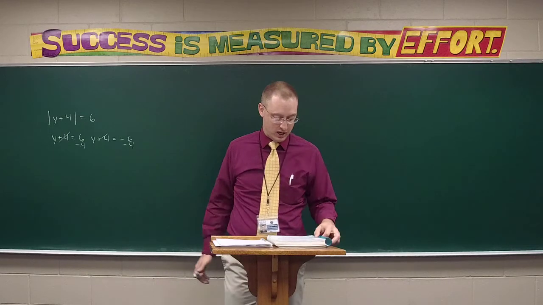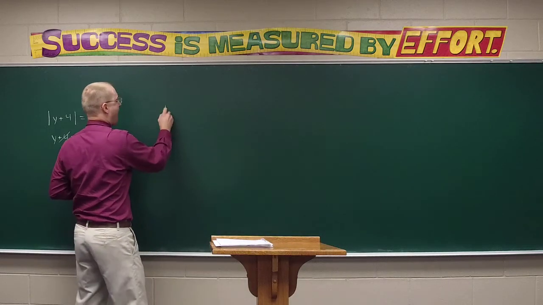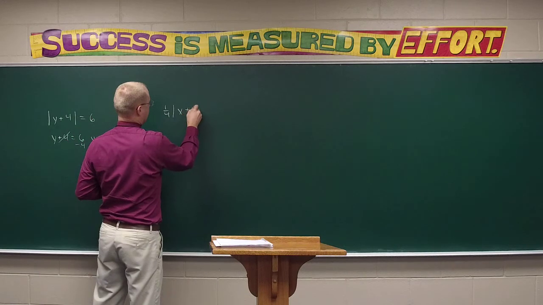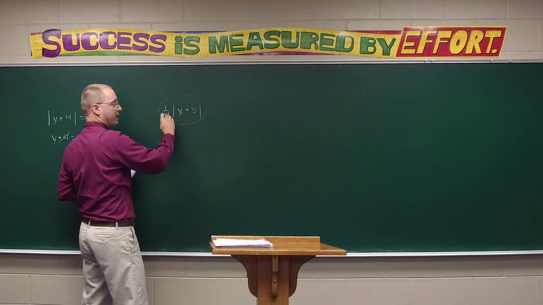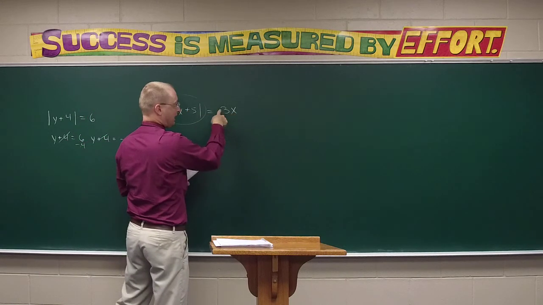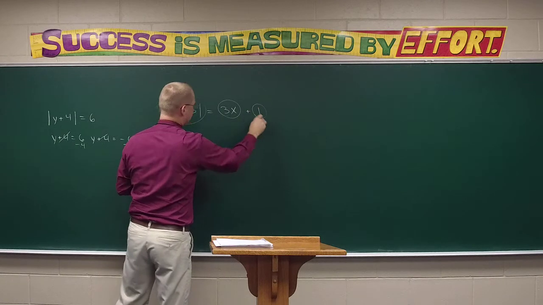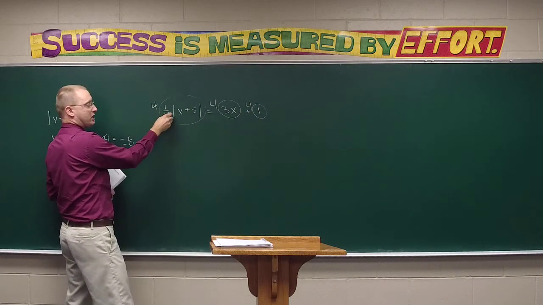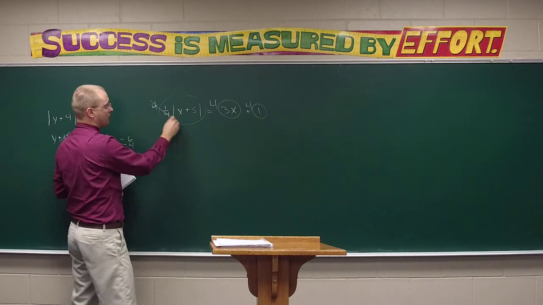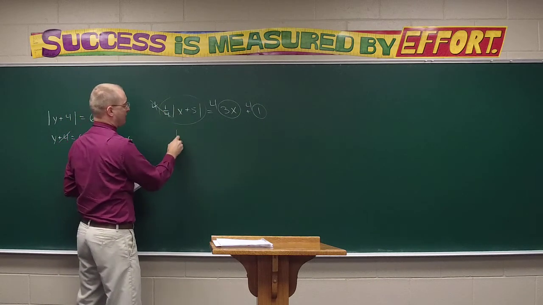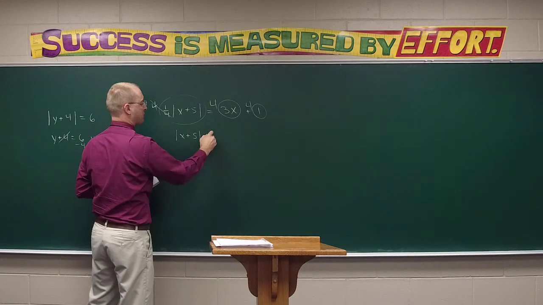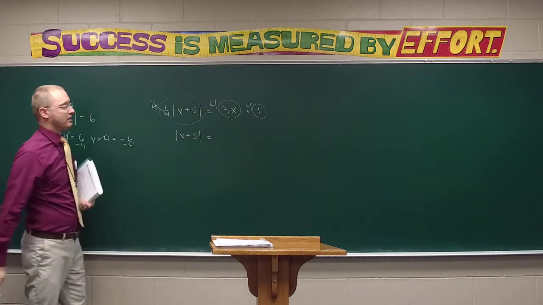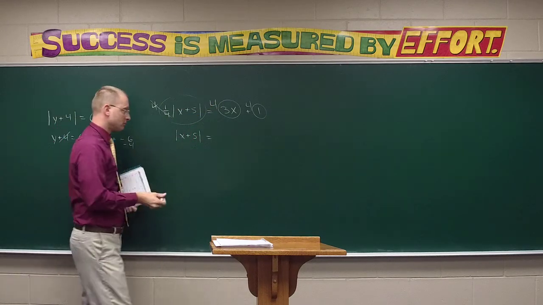So if I multiply everything by the LCD, what happens to the 4 in the denominator? Cancel. So I'm left with 1 times the absolute value of x plus 5, or just the absolute value of x plus 5. And over on the other side, Brandon, we get 12x plus 4.